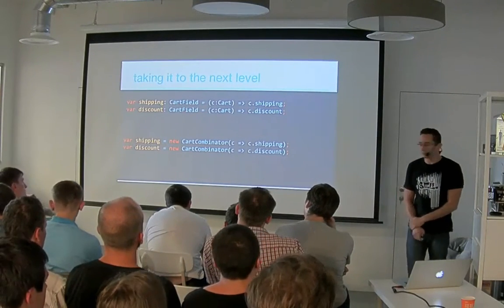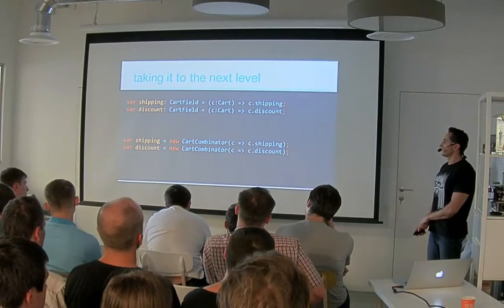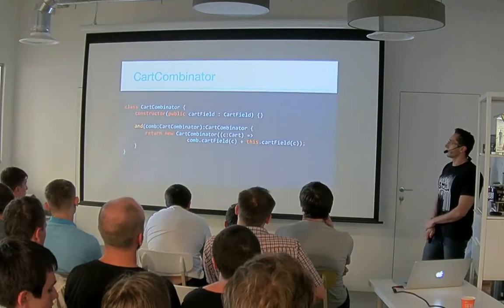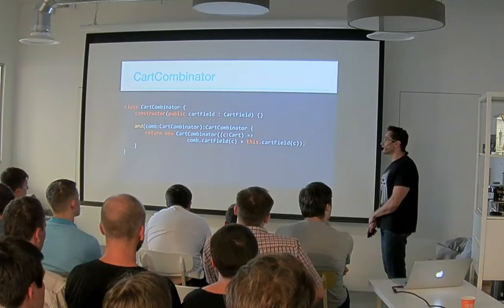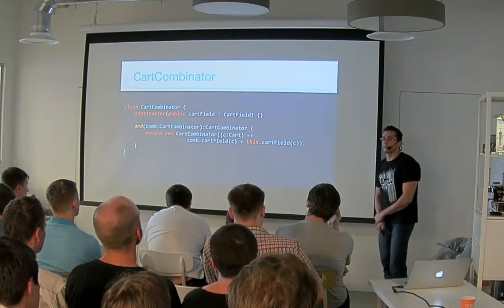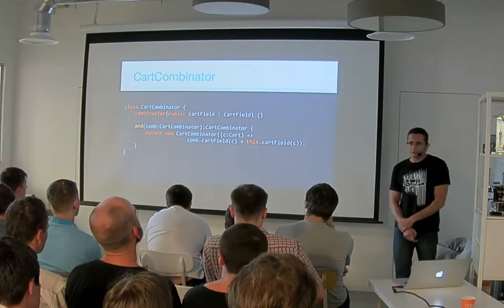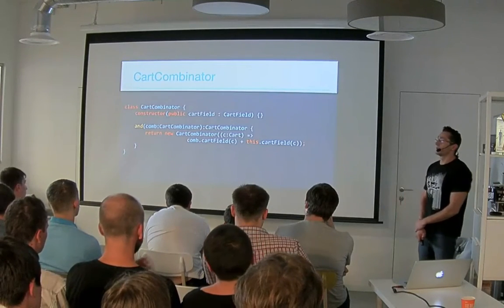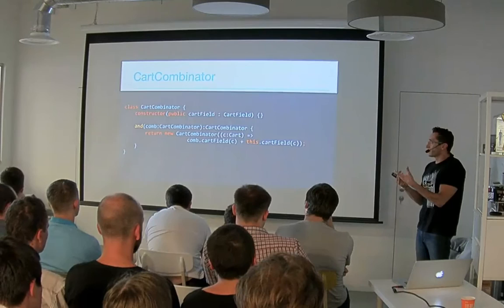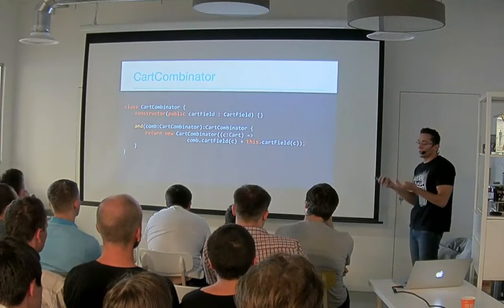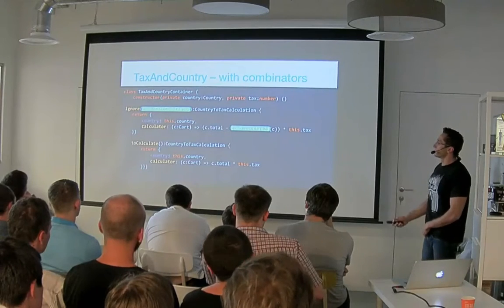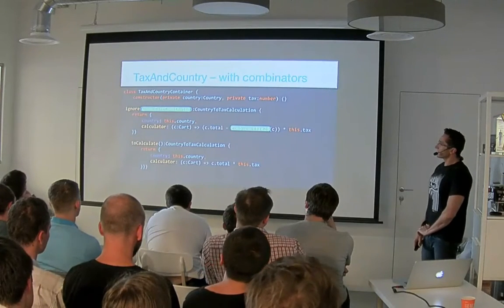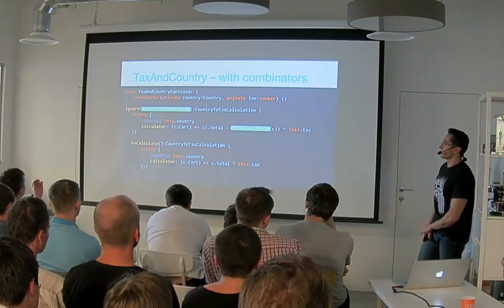Cart combinator is basically just a class that takes a cart field, but it has a new verb again. It has a new word in our vocabulary again, the and. The and function takes two cart combinators and applies their logic to a new cart combinator, which allows us to do certain stuff.